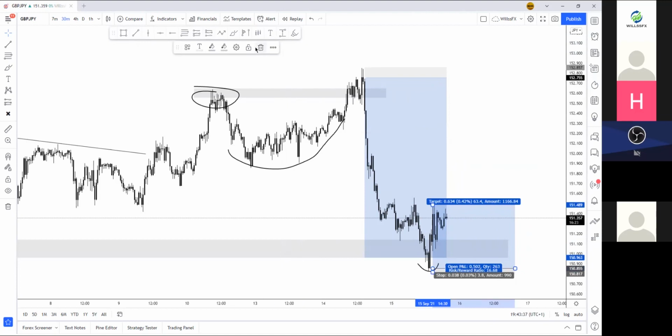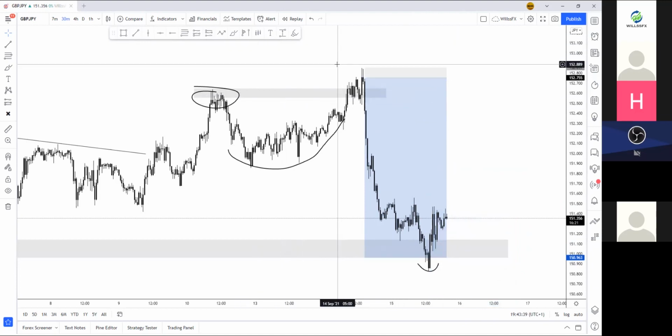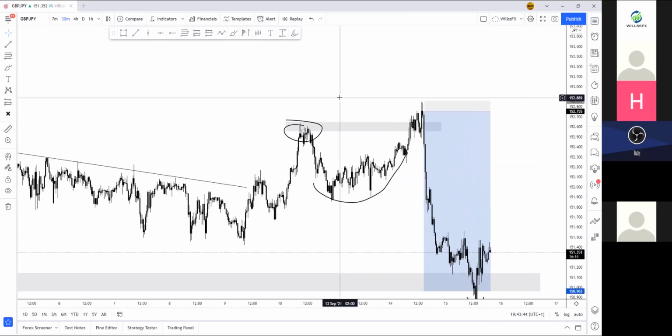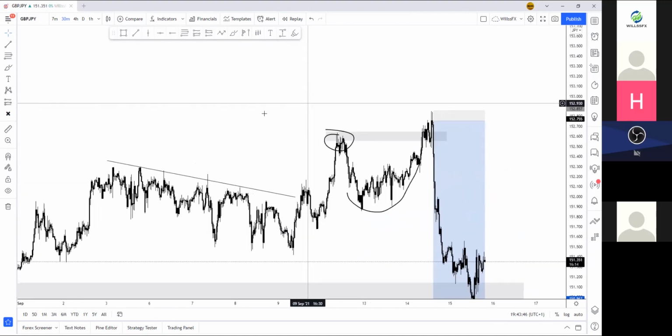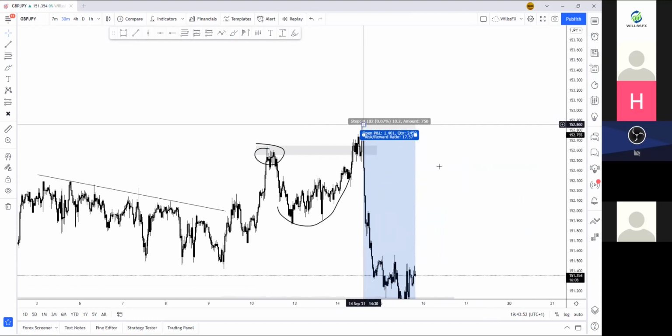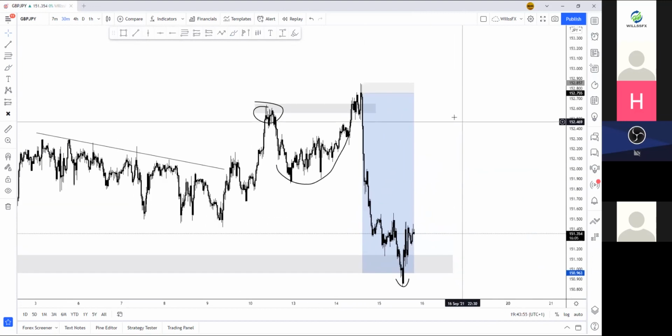So yeah, make sure your stop loss is tight because on these liquidity grabs, it will often be against the trend. You'll see price here is in this uptrend, but you can see price has grabbed the liquidity and you want to be out of the trade quickly if you're wrong.